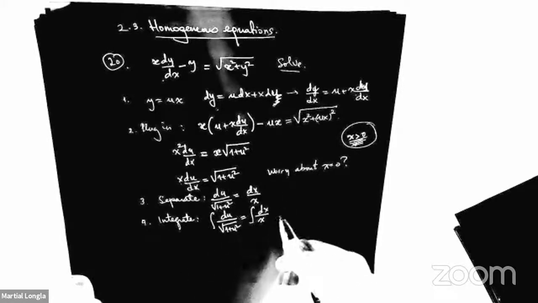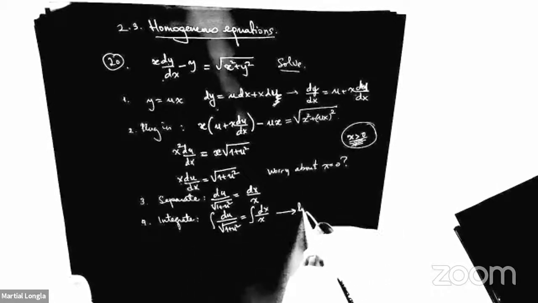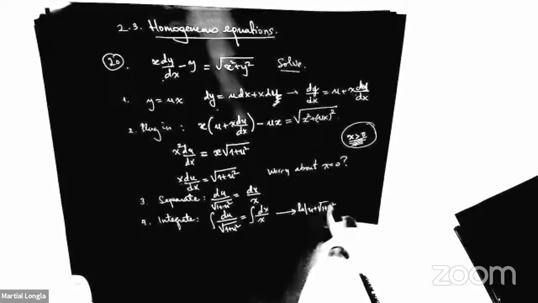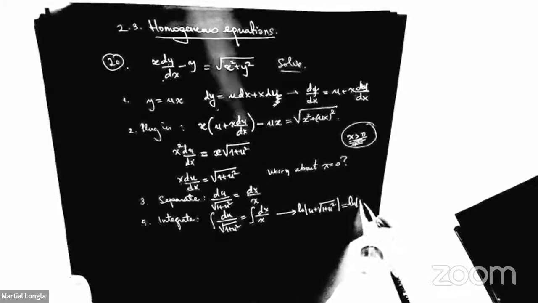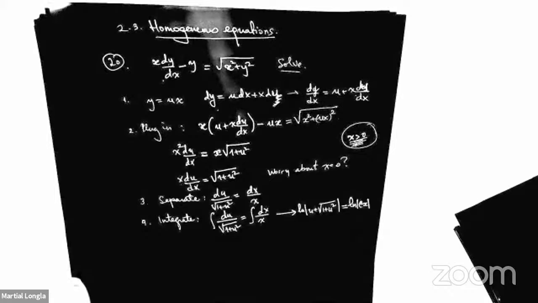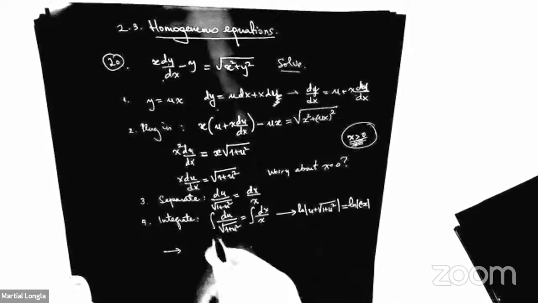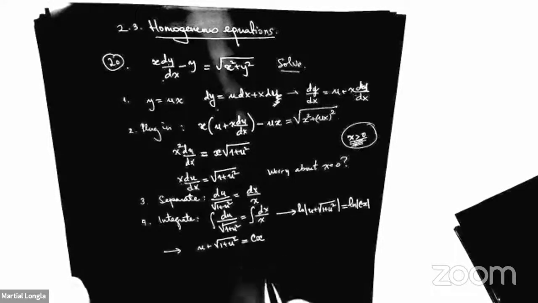All right, so we integrate this thing. That left-hand side, the integral is ln absolute value of u plus square root of 1 plus u squared. And this right-hand side is ln absolute value of c times x, as I always recommend you do. Because when you do like that, you can easily get rid of your natural logs.